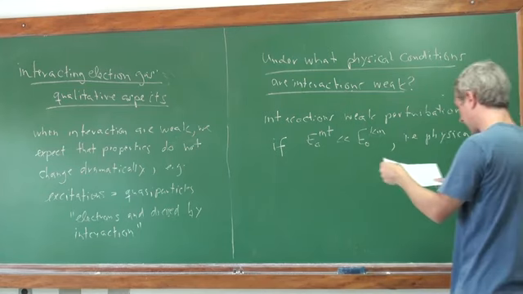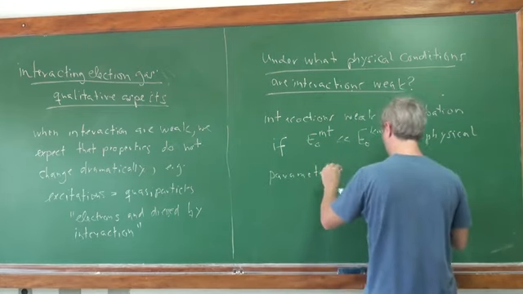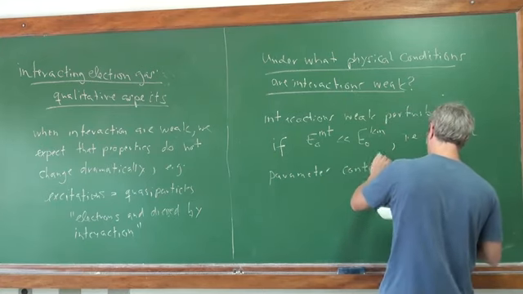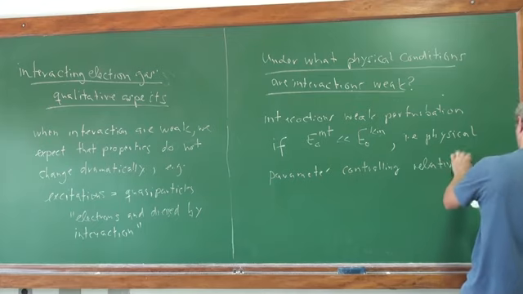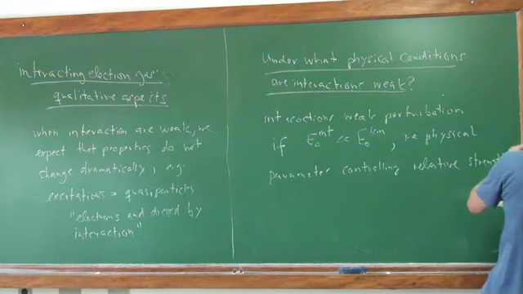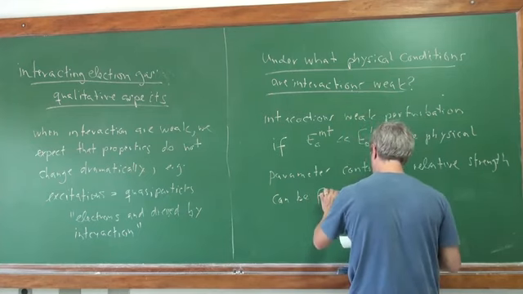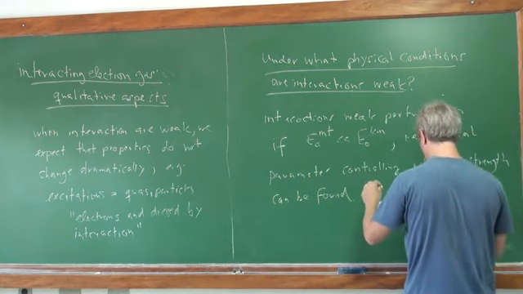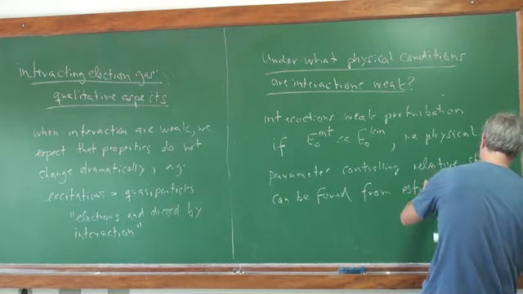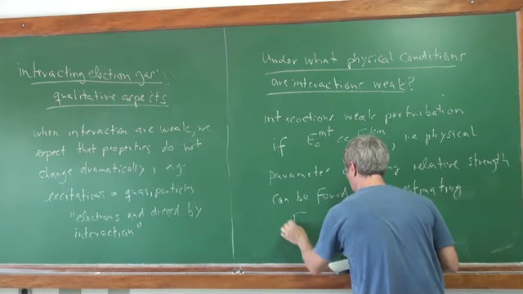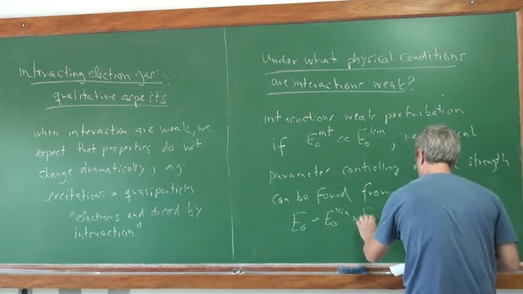Okay? So the physical parameter controlling the interaction strength, meaning the relative strength of interactions compared to the kinetic energy, can be found from estimating the two contributions to the ground state energy: the kinetic contribution and the interaction part.